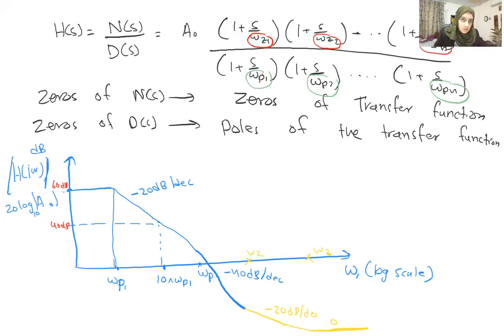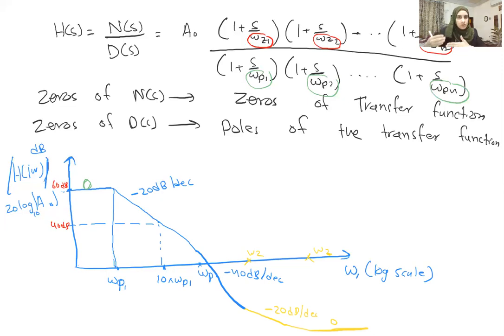We are starting from a 0 slope. Each presence of a pole will decrease your slope by minus 20 dB. If you find another one, it will become minus 40 dB. If you find another pole, it will become minus 60 dB per decade.